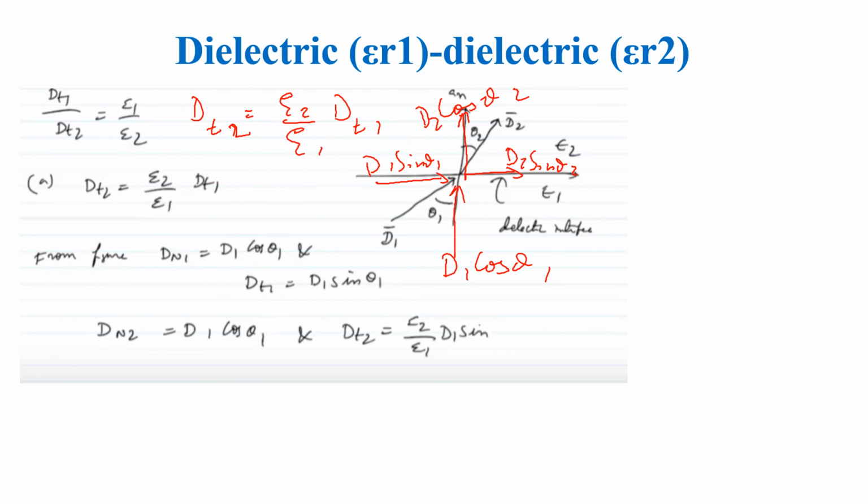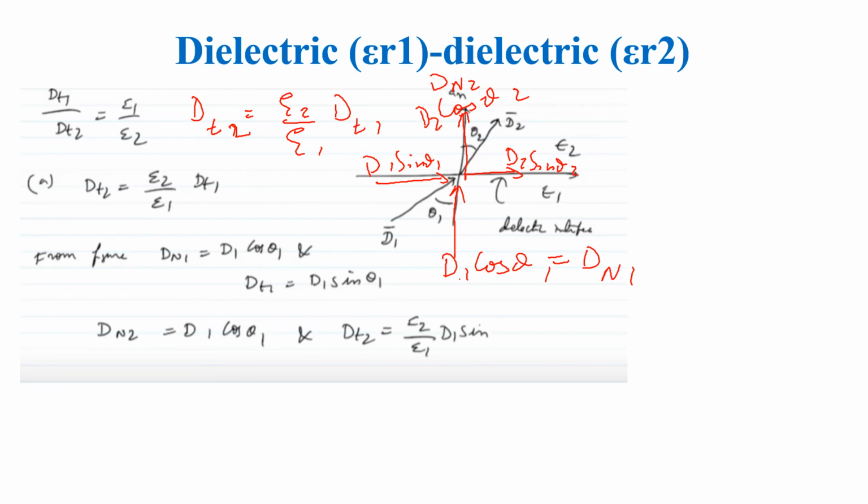So Dn1, the normal component, is D1 cos theta 1. Dn2 is D2 cos theta 2. And Dt1 is D1 sin theta 1.